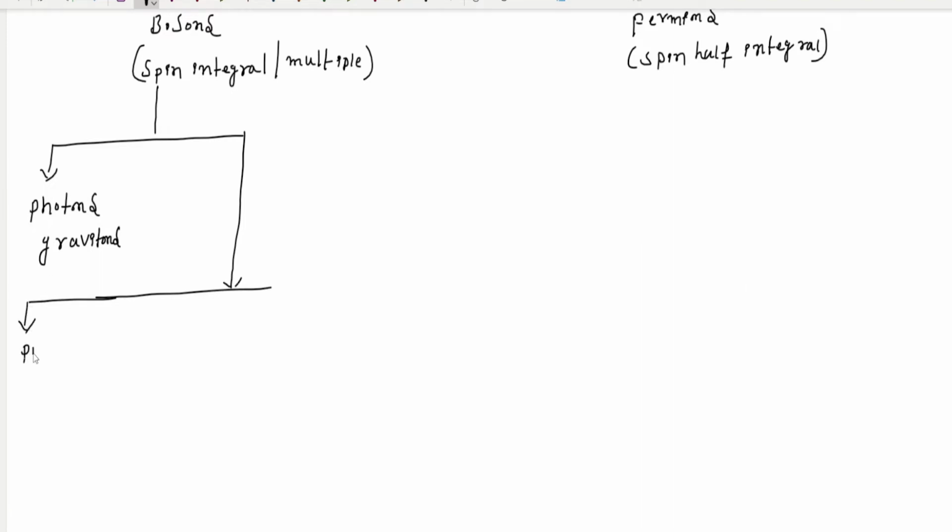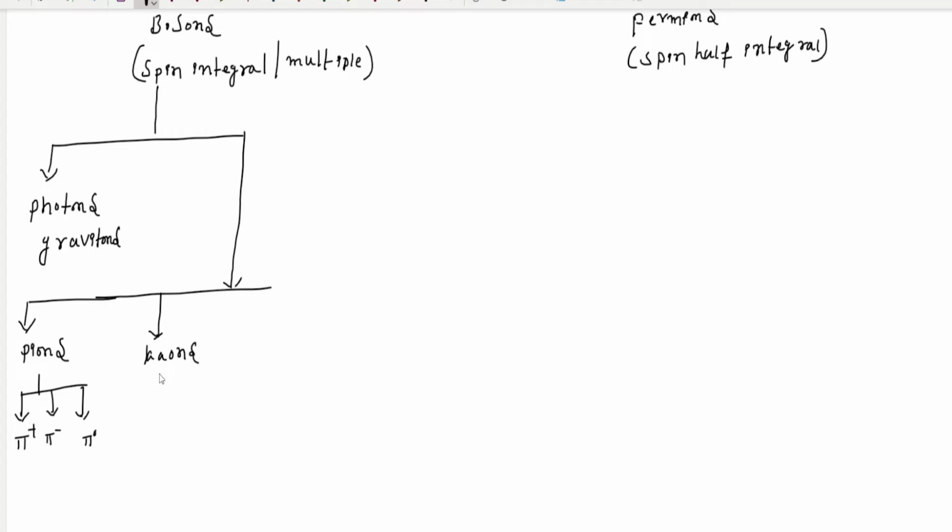One is pions. Pions are divided again into three types: pi plus, pi minus, and pi naught. Next one is kaons.